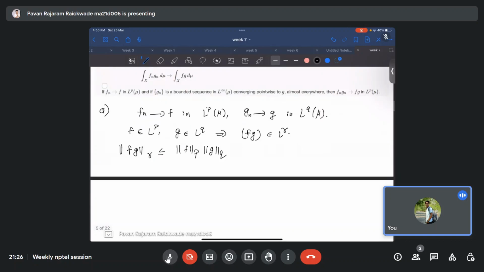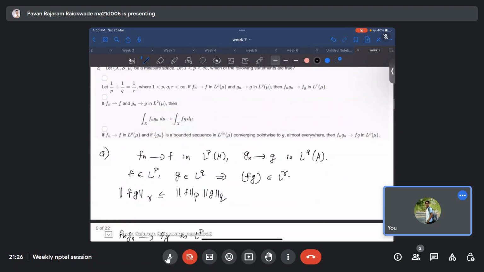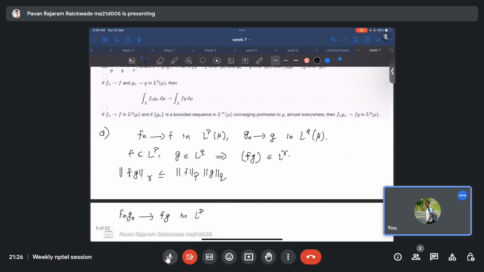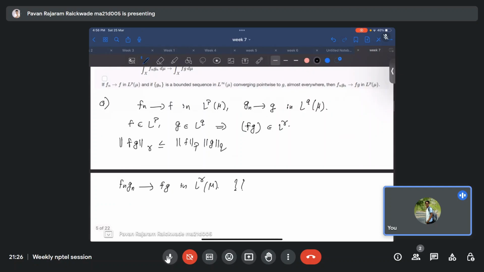So what we have to check is whether FnGn converges to FG in LR. Let's try with the norms.